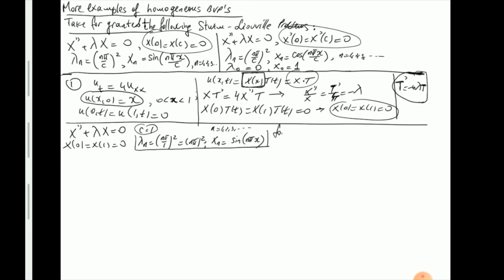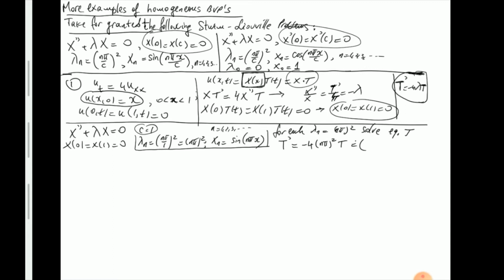So for each lambda n equals n pi squared, we're going to solve the equation for big T. Now it's time to plug in lambda n. So we have minus 4 n pi squared big T.